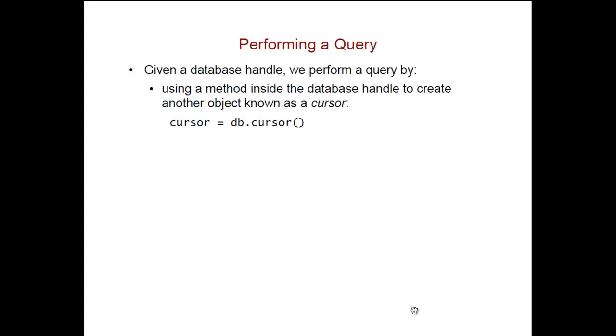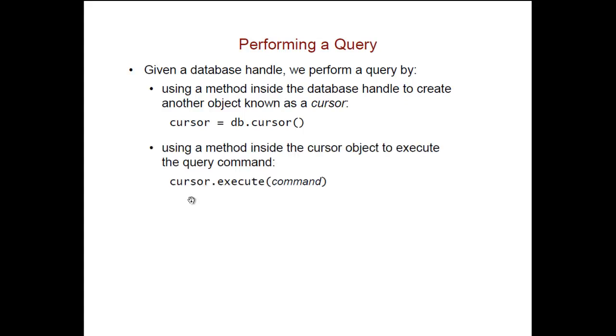But it turns out you don't use the database handle itself. Rather, you take the database handle and you use a method inside it called cursor. And that method gives you back another object, which is also known as a cursor, and we assign that object to a variable. And I've used the name cursor for that as well.